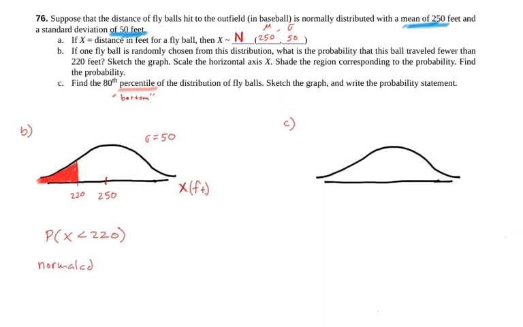So I'm going to use a normal CDF, and we always put our lower. And if you recall our lower here, if we keep going this way, negative infinity lives that way.